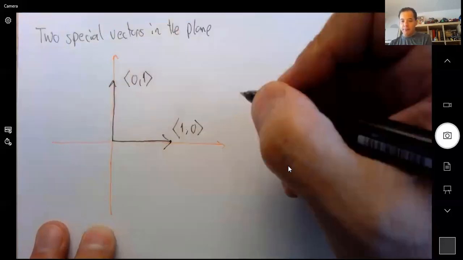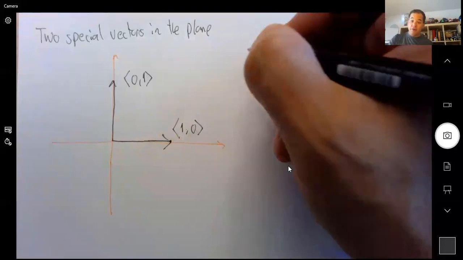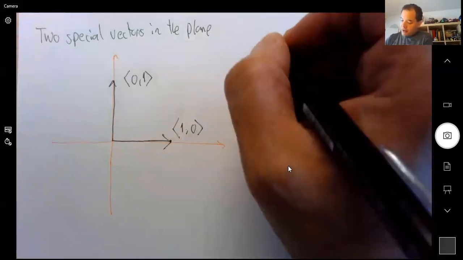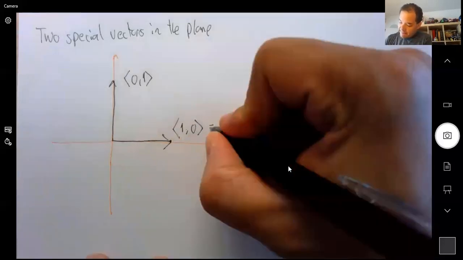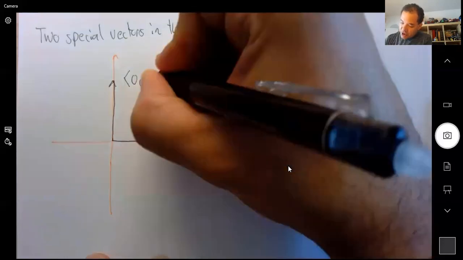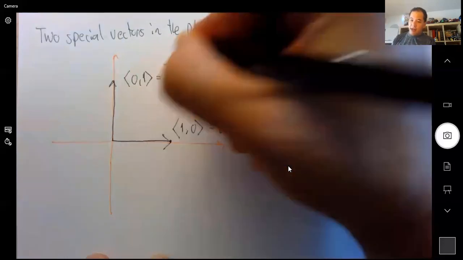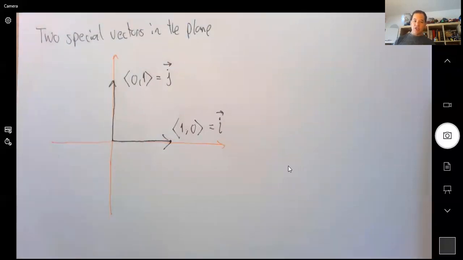Because these appear a lot of the time, and you can use these to write all other ones, we call this one i, and we call this one j. So i goes on the x-axis, j goes on the y-axis. You can think of it that way.